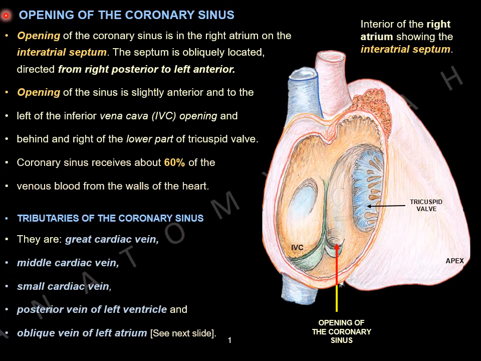Opening of the coronary sinus. Let's see the diagram first. We are looking at the heart from the right side. This is the apex. The right wall of the right atrium has been removed so that you can see structures inside the right atrium. This is the interatrial septum, which lies between the right atrium and left atrium.